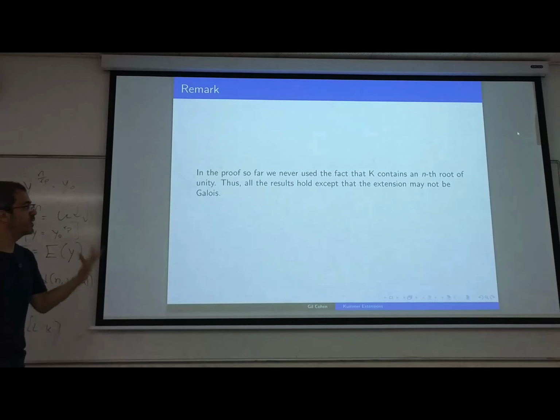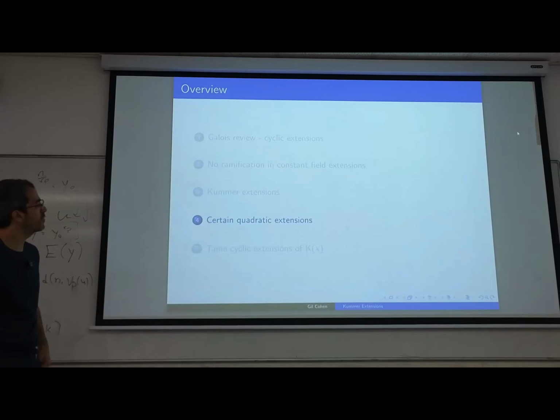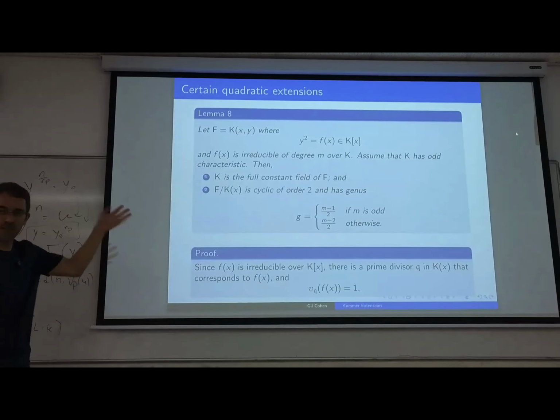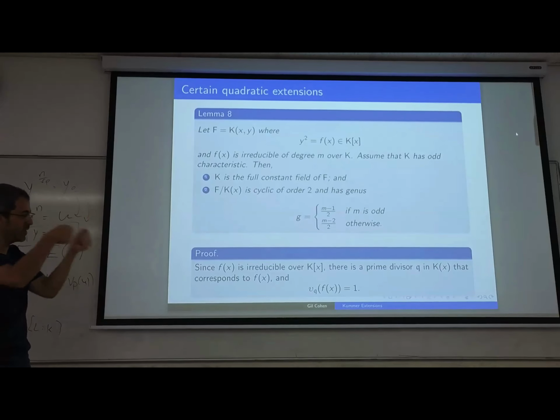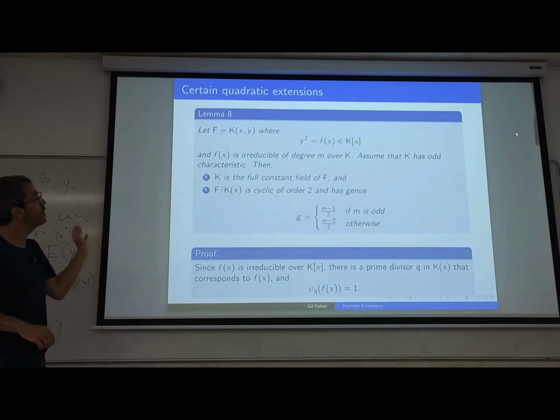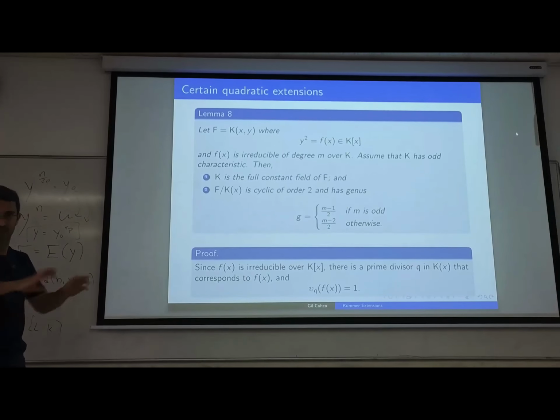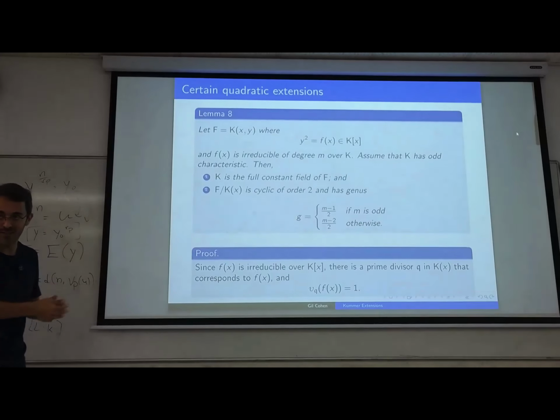But that's what we are going to do in the examples now. And then, if you want, you can take two corollaries, completely obvious given what we did, just instantiations. What happens, for example, when you look at y squared equals an irreducible polynomial? We talked about y to the n equals any rational function u.